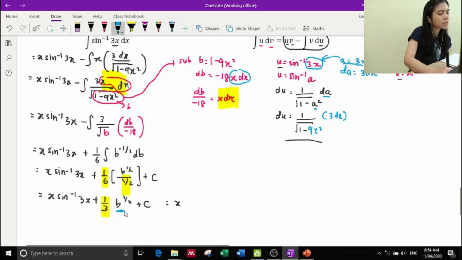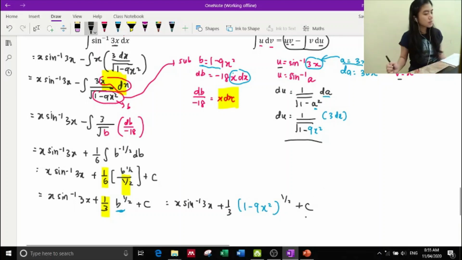Just now we substituted b as 1 minus 9x squared, so substitute back. Then b is 1 minus 9x squared, to the power 1 over 2, don't forget that 1 over 2, plus c. So this is the answer for this example.